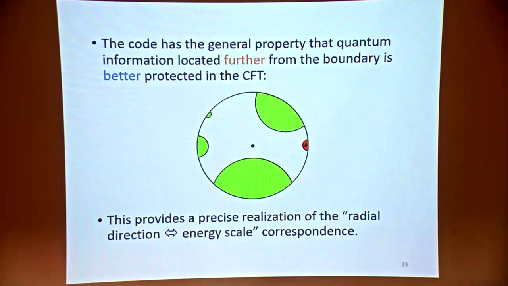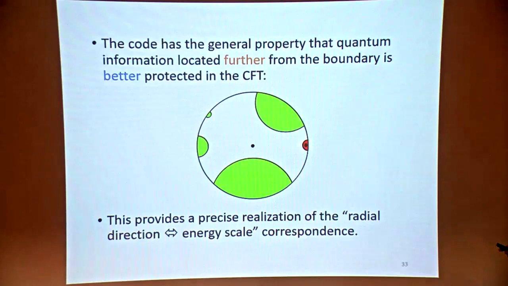This actually provides a very precise realization of the correspondence between the radial direction in AdS and the energy scale in the CFT. The idea is that radial distance should be thought of as whether we are talking about high energy or low energy excitations in the CFT.